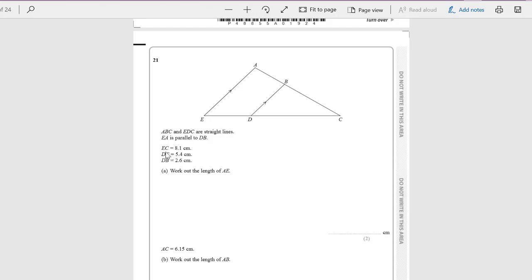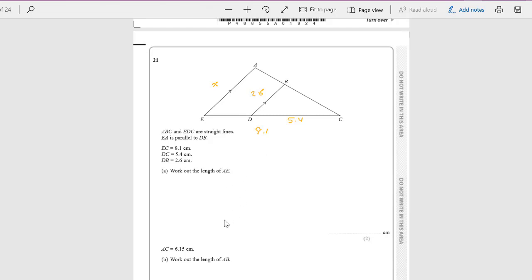And then you also said EC equals 8.1, so that whole thing is 8.1 centimeters. DC equals 5.4, and it says DB is 2.6. So it says work out AE. So what is AE? So I'm going to put an X there.